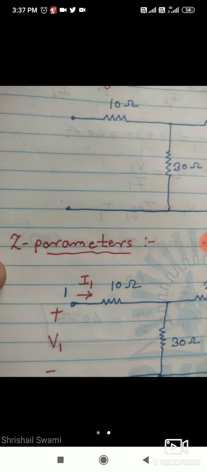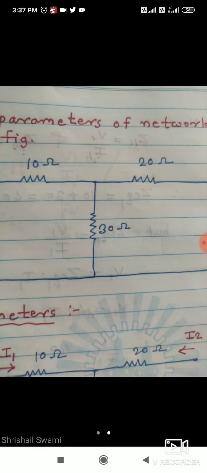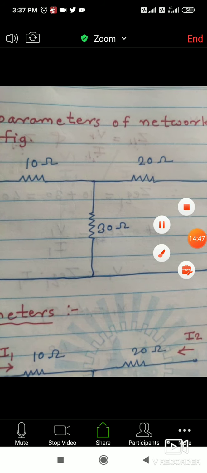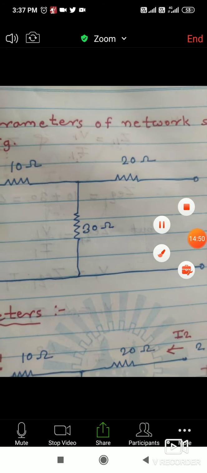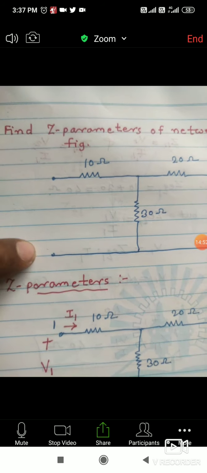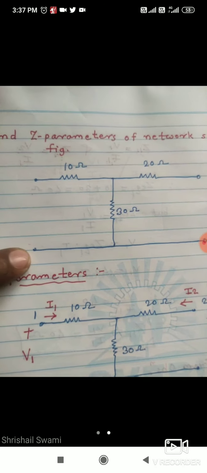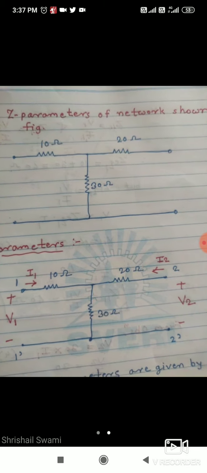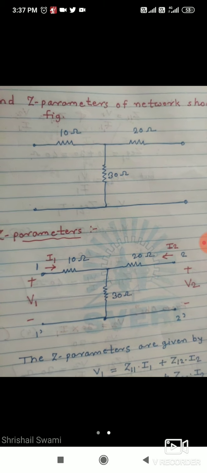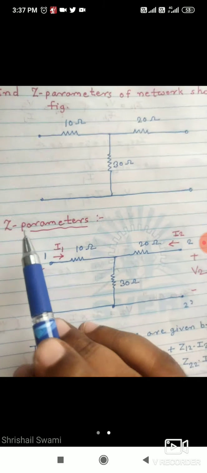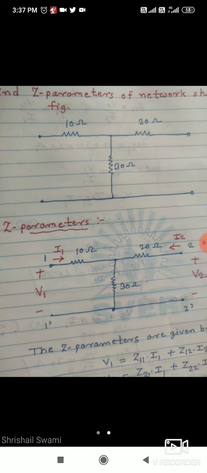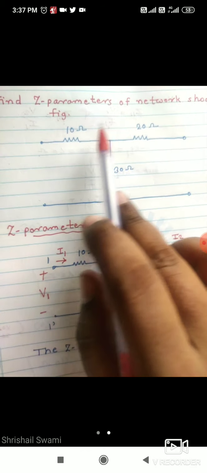Now we will start. Here, as you are observing the circuit, the port names are not given. So you can give 1 dash, 2 dash, or A dash, B dash, small letter, capital letter, whatever you want, you can give the name. Now we will start the Z parameters, because the question is find Z parameters.